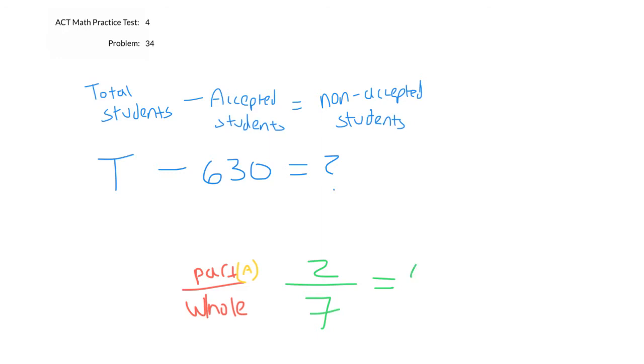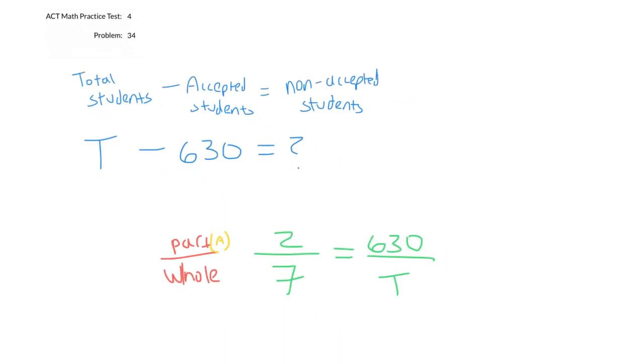So you can set this ratio equal to 630 over the total amount of students, and that's T. We'll just keep using T. So this represents the proportion of accepted students to general students, and this represents the reality, the actual numbers: 630 literal accepted students, and therefore the T underneath would give us the literal amount of students in general.